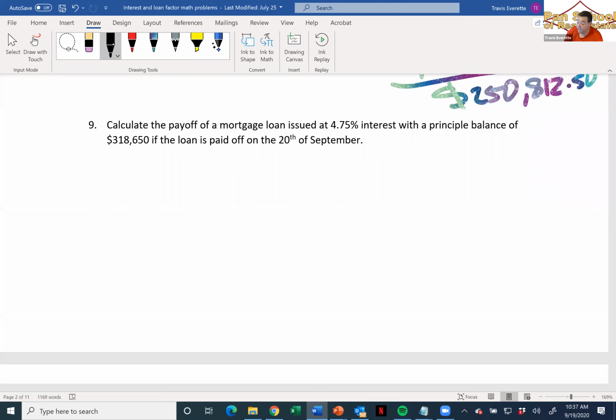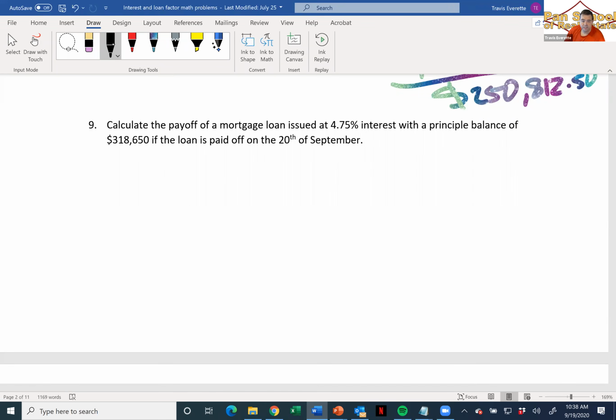All right, number 9 really is just the combination of those two questions. It says calculate the payoff of a mortgage loan issued at 4.75% interest with a principal balance of $318,650 if the loan is paid off on the 20th of September.